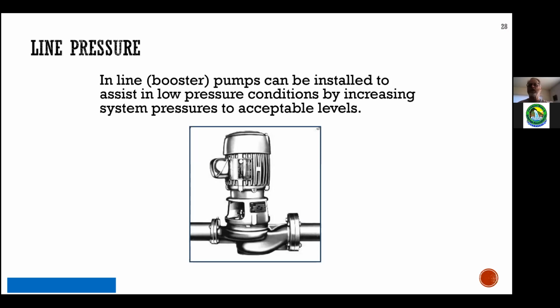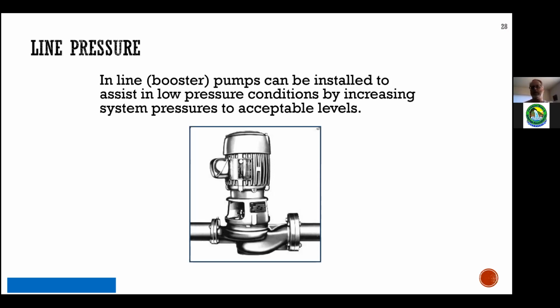So wherever the energy is chronically low, and it may be seasonal, it could be just in the summertime that the energy is low, then we design a pump to be installed so that at a certain set point, the pump will come on and raise the elevation again for the customers that are downstream.